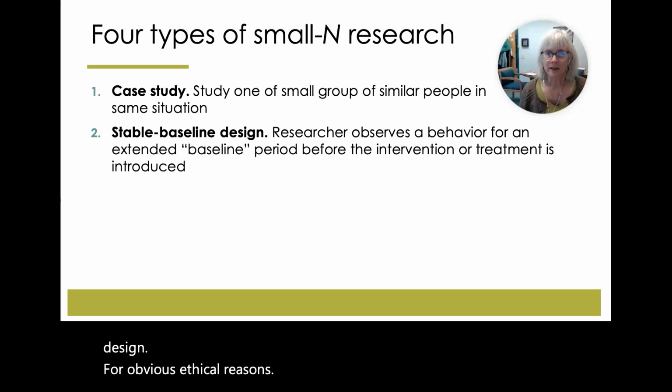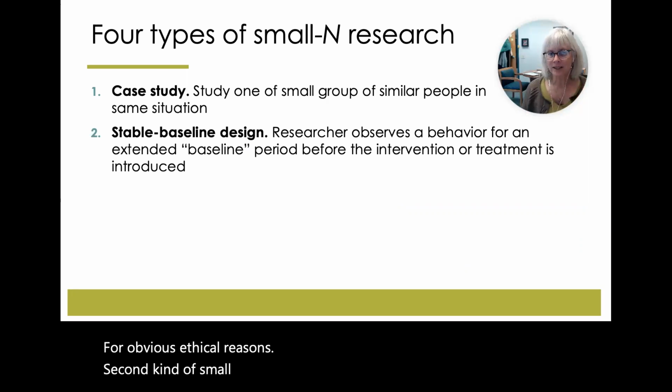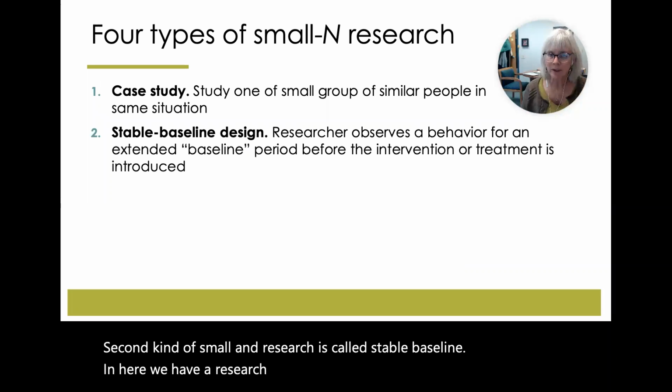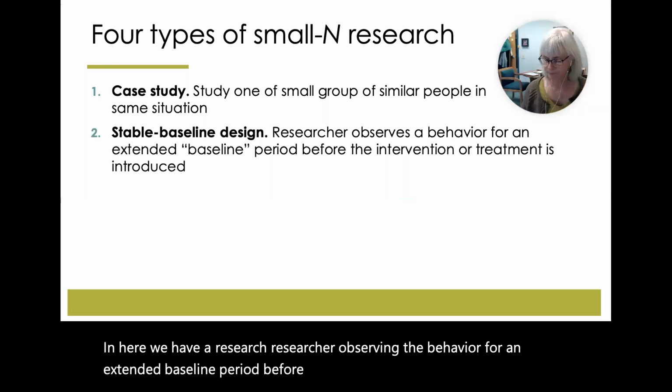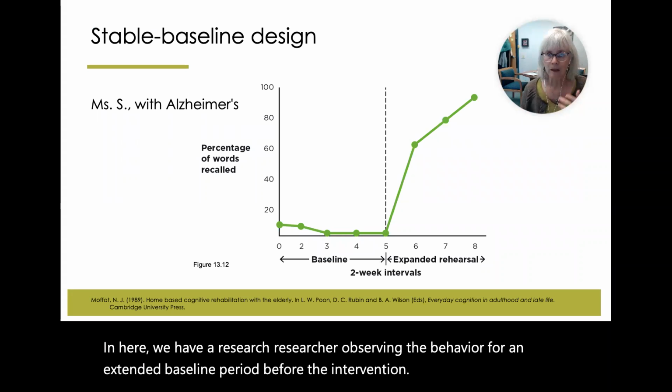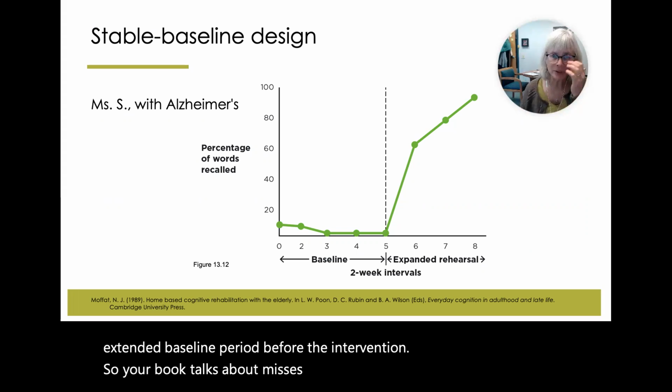Second kind of small N research is called stable baseline. Here, we have a researcher observing the behavior for an extended baseline period before the intervention. So your book talks about Ms. S, who has Alzheimer's.